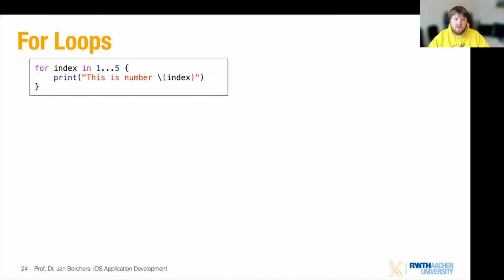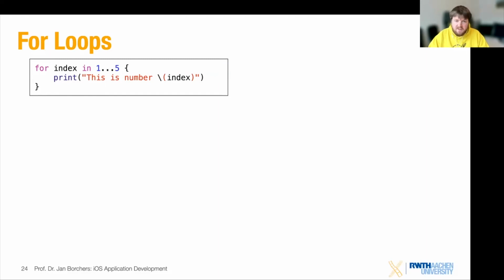So here, within our for loop we also have access to the variable index, which takes the values from 1 to 5. And in this case, it's including also 5, so that it also takes the ends into account.